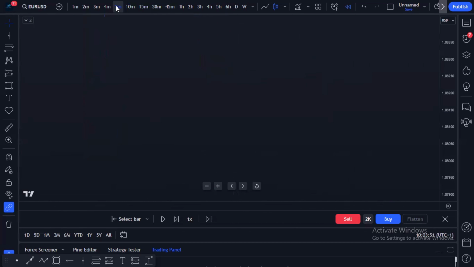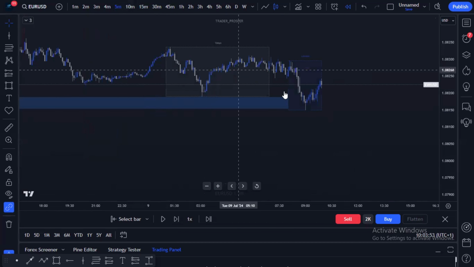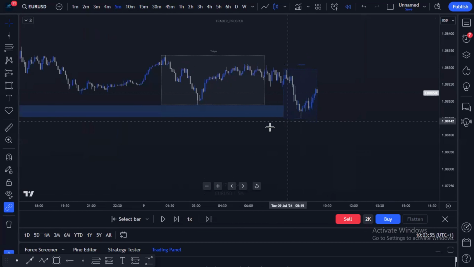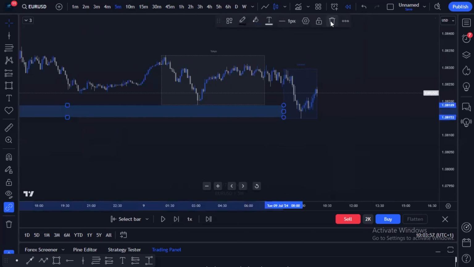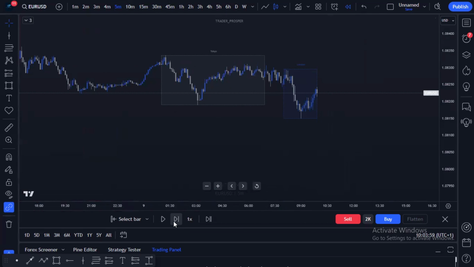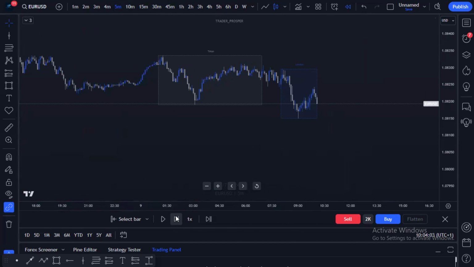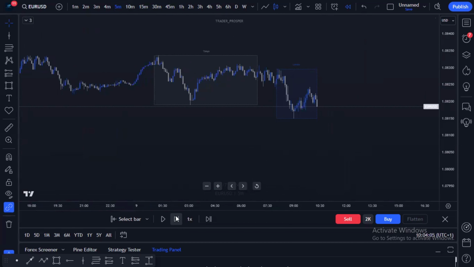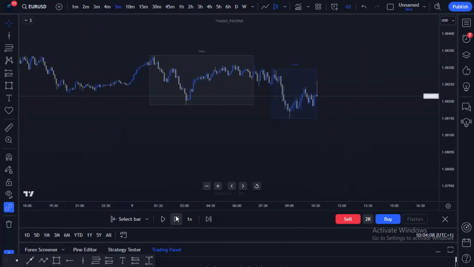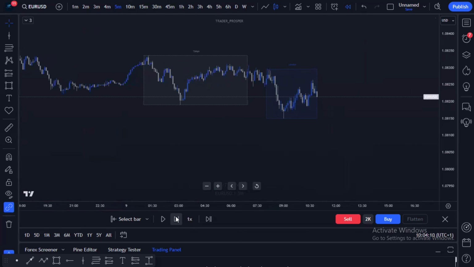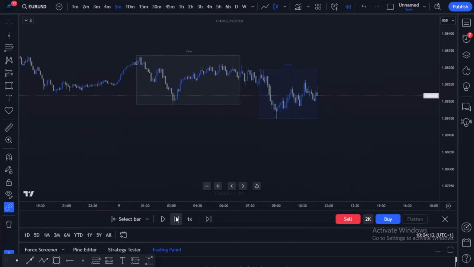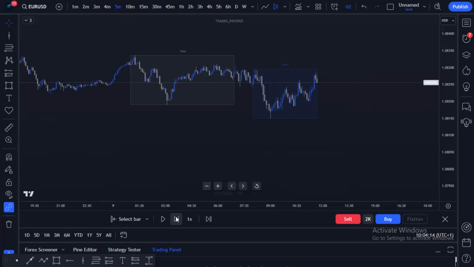The 5-minute time frame. This was during the London section. There was no setup.